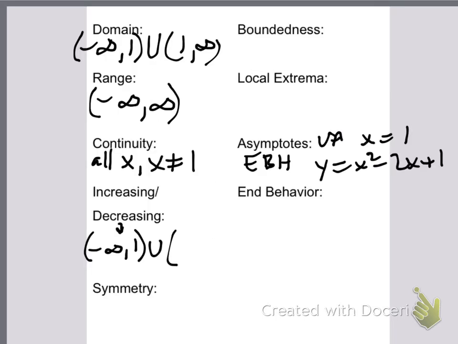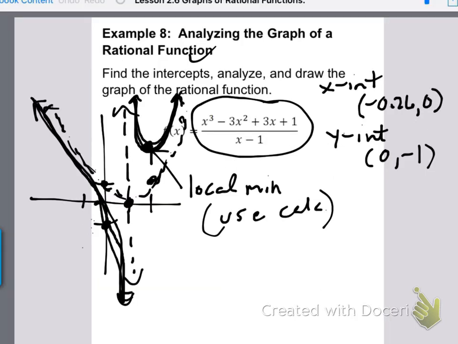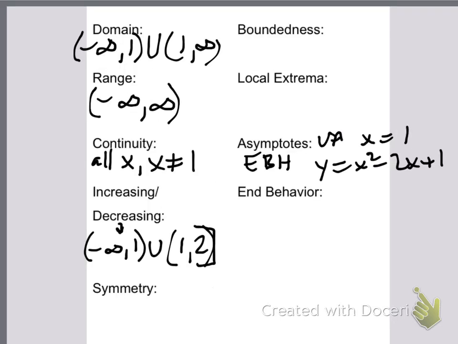So from 1 to 2, it's decreasing because we're going down to 2. But now from 2 to infinity, it's increasing.